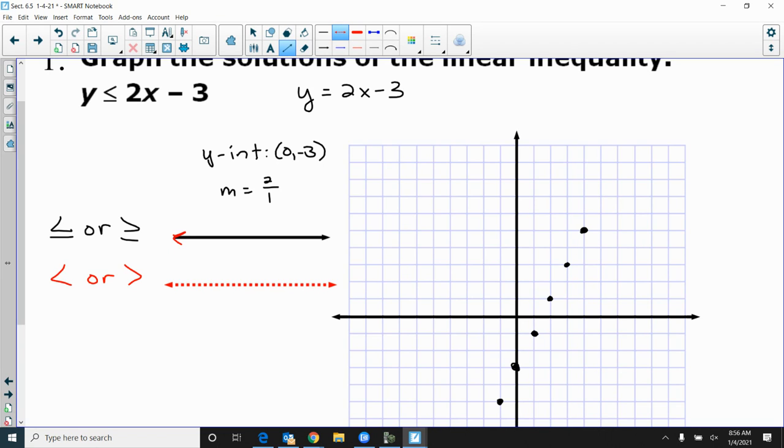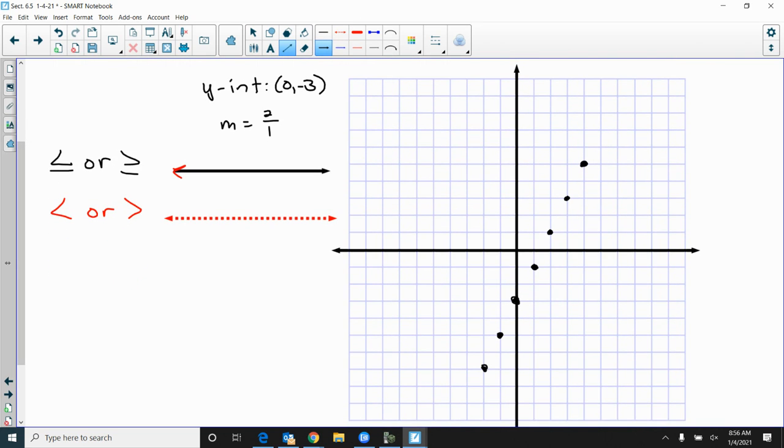Okay, here's the reason. The solid line means that the points on the line actually serve as answers to the inequality. The dotted line, those points do not actually work for the inequality. Kind of like that last one where it's like 5 is less than 5, but they don't actually work. So in this case, since it's less than or equal to, you need to make this a solid line.